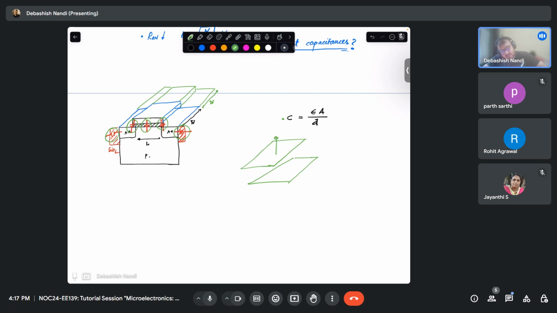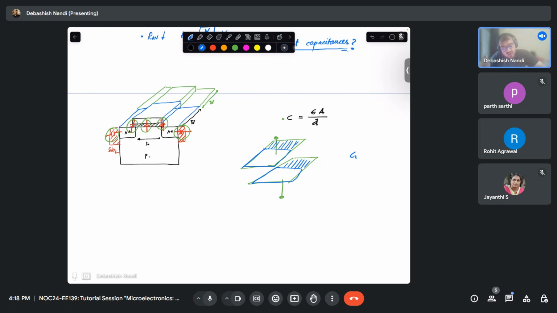This is your one plate, this is your another plate. So earlier it was till this much. So your capacitances were lower. Now you have increased this additional area. So your capacitances will also start to increase. So this will also come into play in determining your delay.